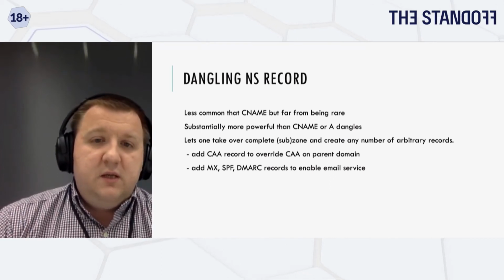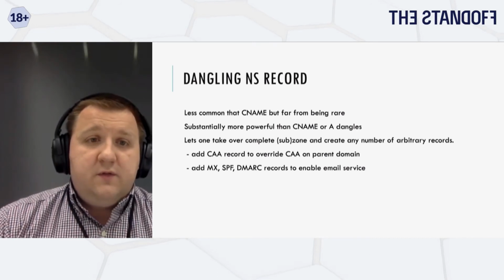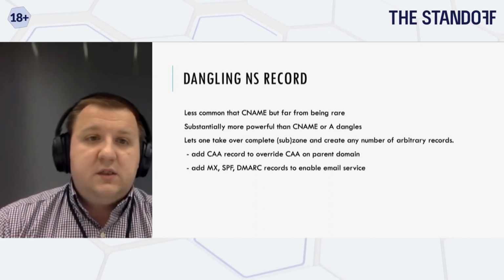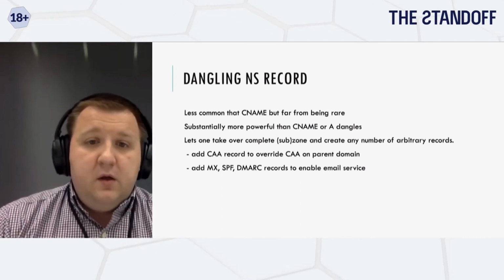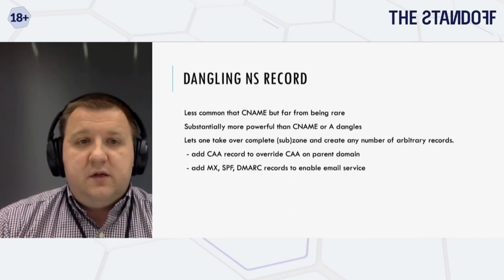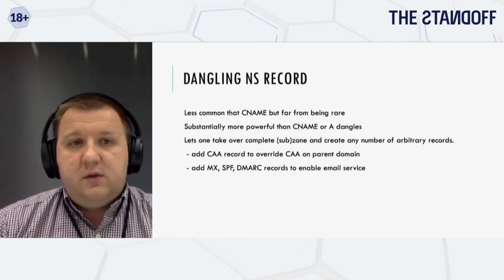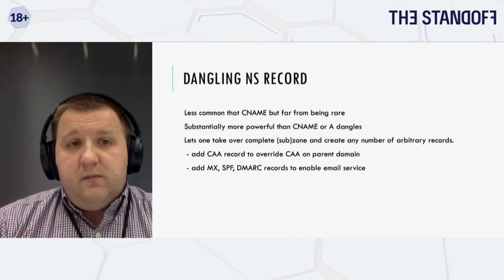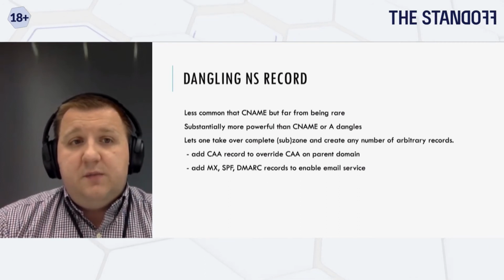So let me summarize. Dangling DNS records are less common than dangling CNAME records, but this doesn't mean they don't exist, and finding them is not that difficult. At the same time, they are substantially more powerful than CNAME or A records that are dangling.